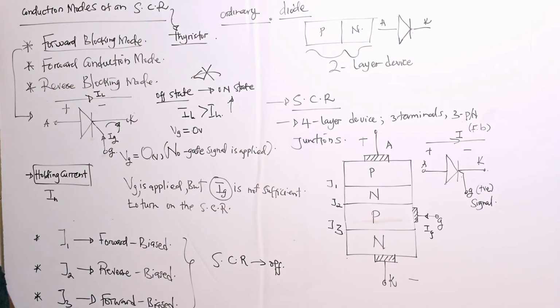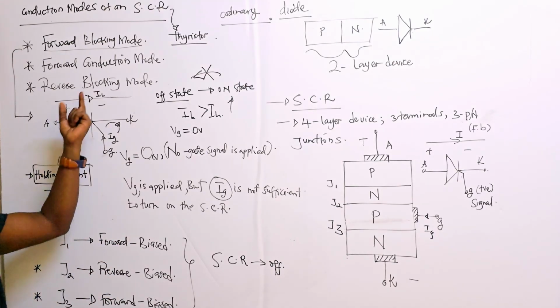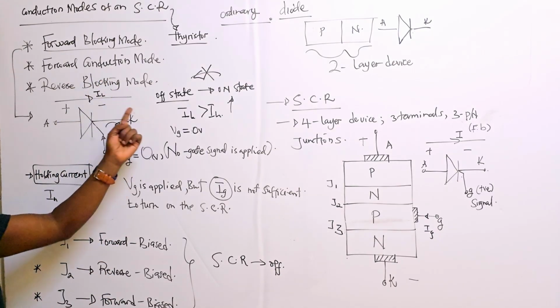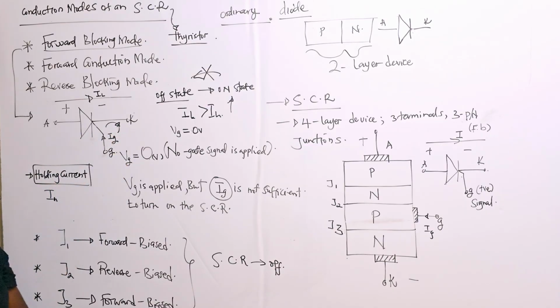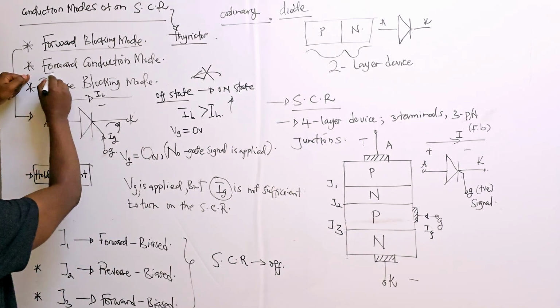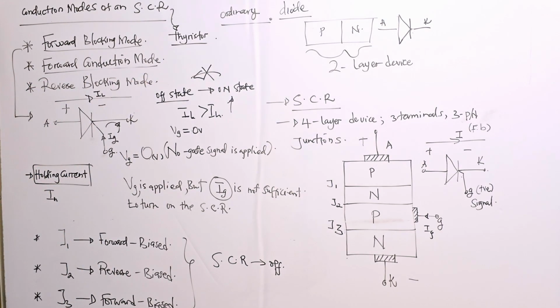So that is when the device is waiting for the right conditions. Yes, it has been forward biased, but the turn on conditions have not been met yet. Okay, so let's head over to the second mode, the forward conduction mode.